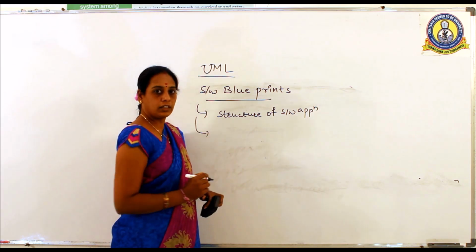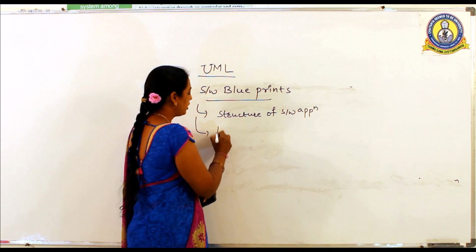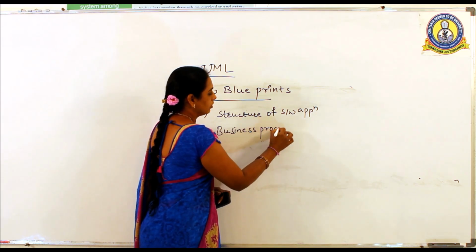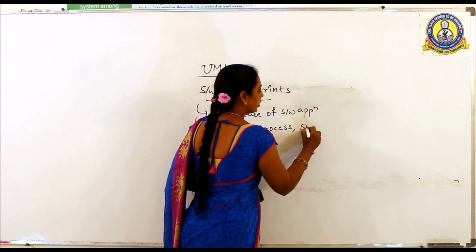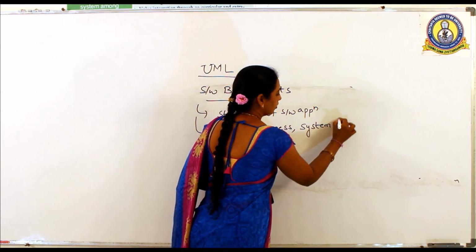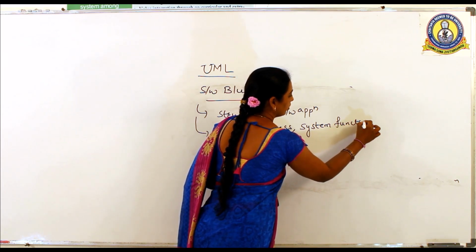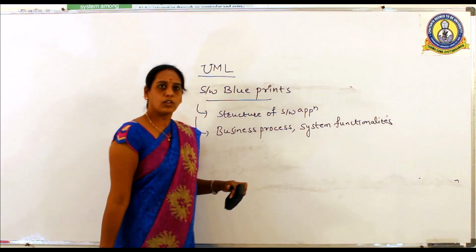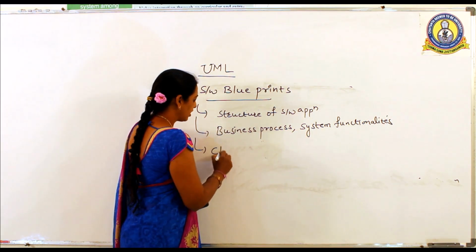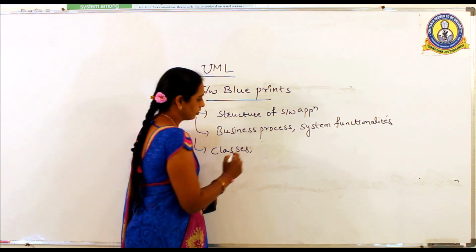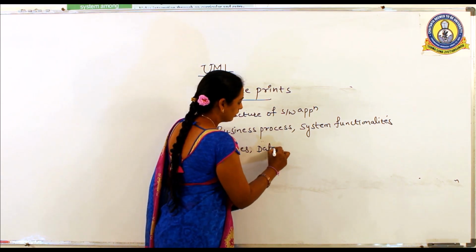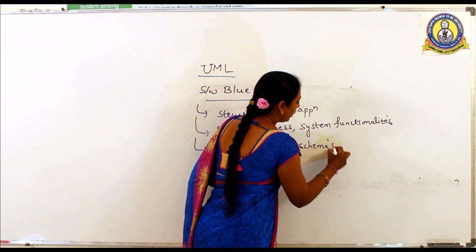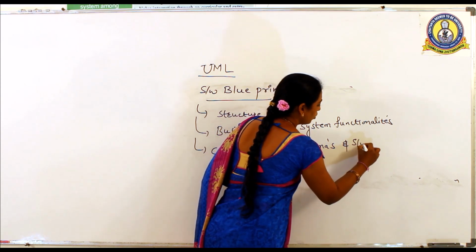We can form the conceptual things like business processes and system functionalities, and we can also form concrete things like classes, database schemas, and other software reusable components.